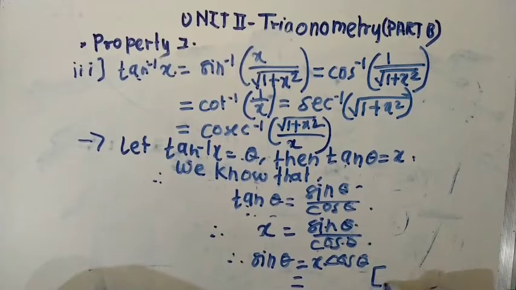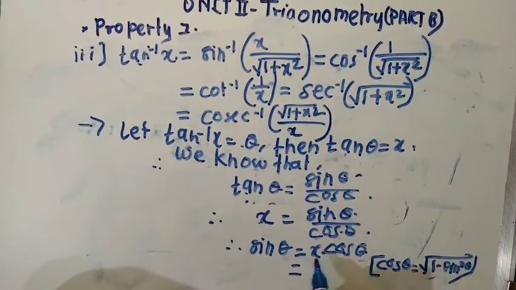But we know that cos theta is equal to root 1 minus sin square theta. Hence it is equal to x into root 1 minus sin square theta.